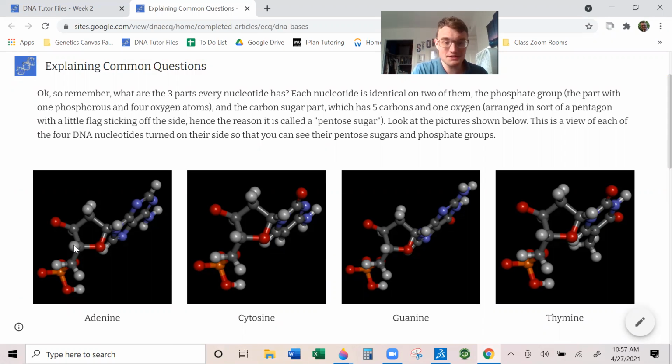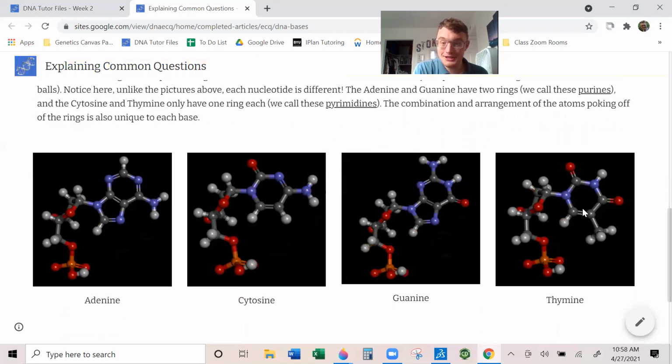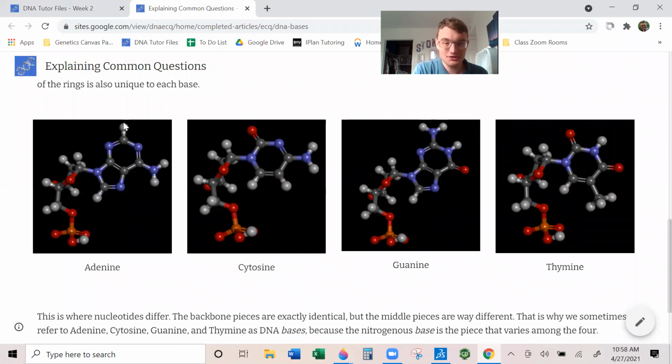Notice the phosphates and the sugars are all the same on all four of them. The difference between them is their bases. And notice down here, so here are their nitrogenous bases from overhead. Notice A has two rings, C has one ring, G has two rings, T has one ring. So there you go: purine, pyrimidine, purine, pyrimidine.